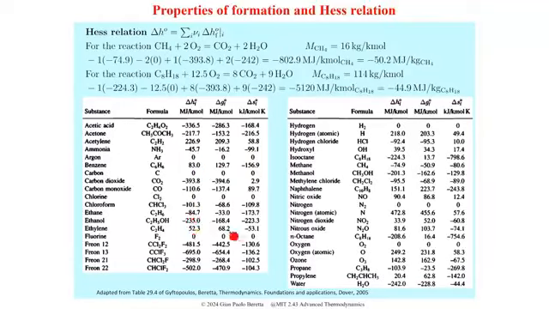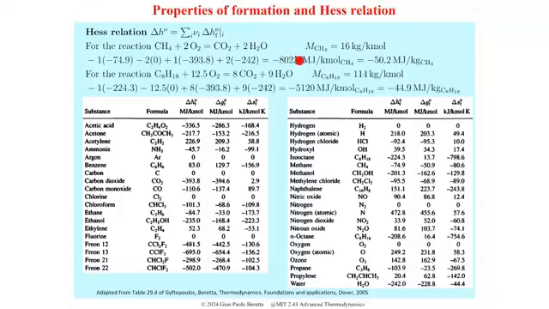These are the elemental species: hydrogen, nitrogen, molecular oxygen, and so on. So you get 0. Then you have CO2. So you look for CO2, which is here, minus 393.8. And then you get water, which is here at the bottom, 242.